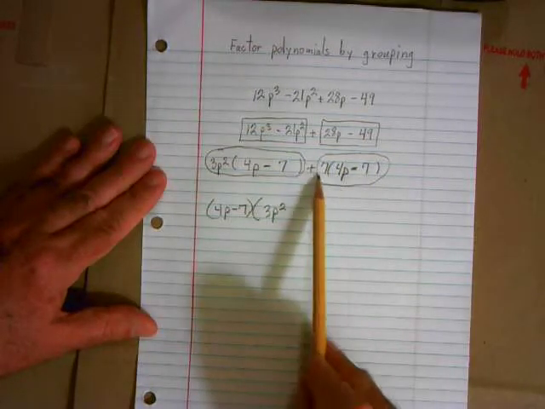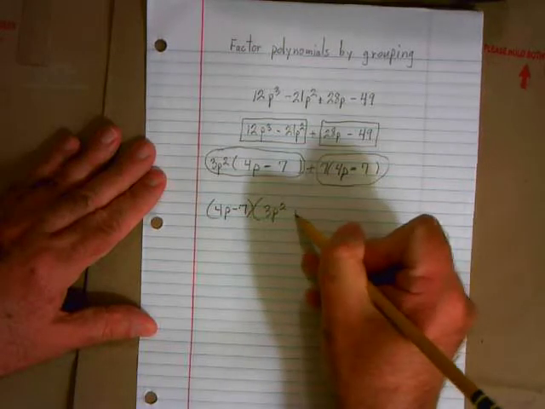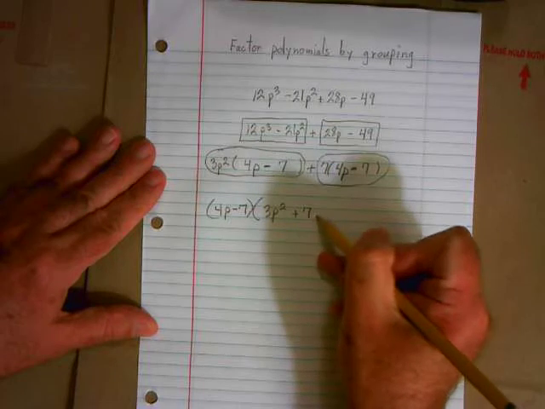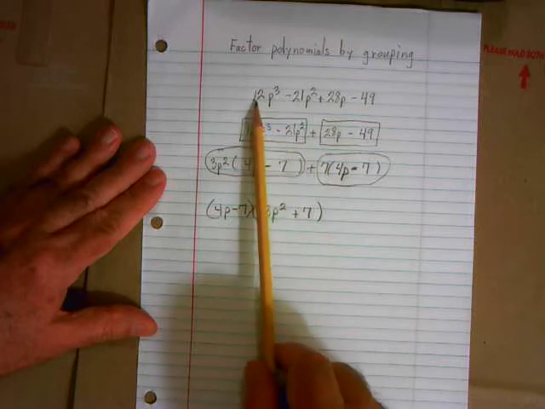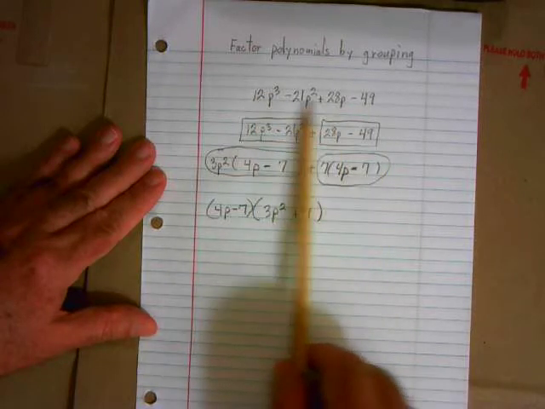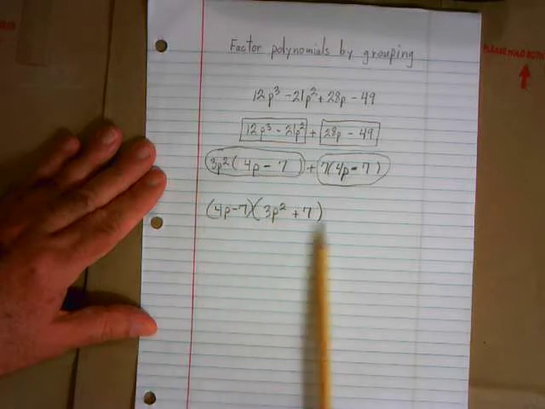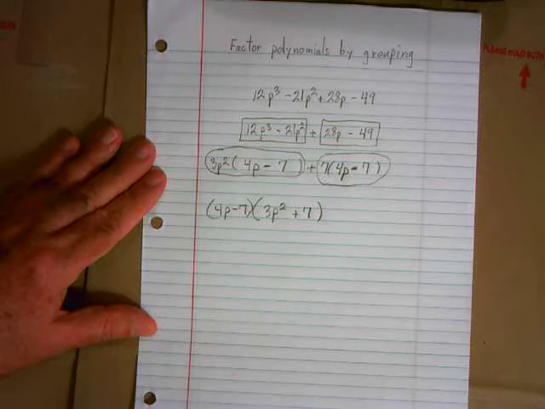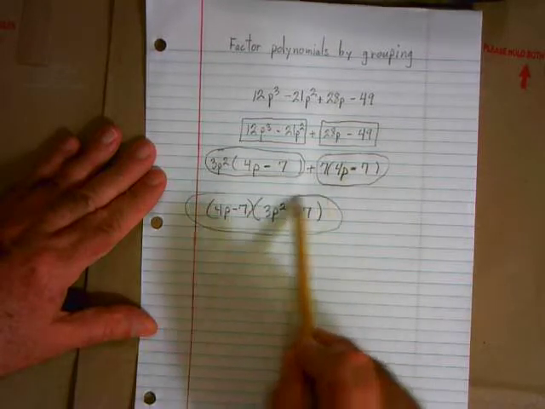And from this back term, if we divide out 4p minus 7, all we have left is plus 7. And so we see we can take a fairly complicated looking polynomial and we can simplify it down to something that maybe looks a little more manageable. And this is our final answer.